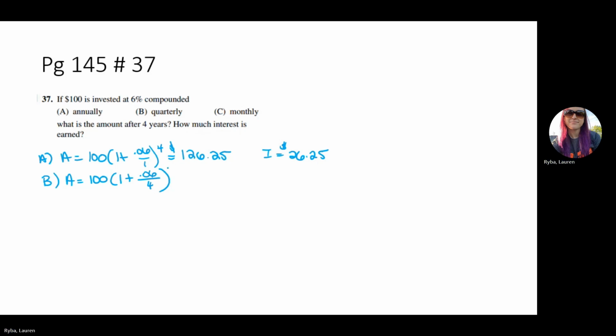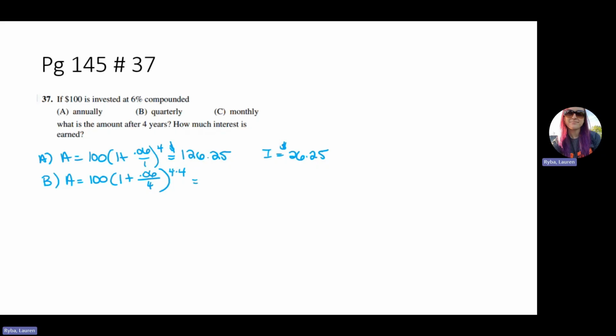Now, our power is going to be what we divided by, 4, times 4. So your power is how many times total you got that interest. 4 times a year for 4 years is 16 times.